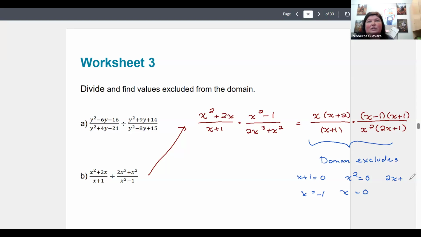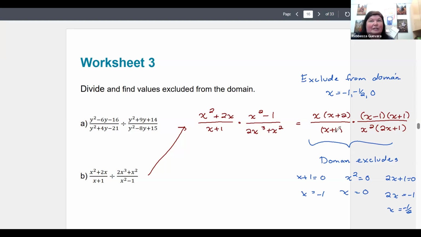And 2x plus 1 would equal 0 if x is equal to -1/2. So we're going to exclude from the domain just x is equal to -1, -1/2, and 0.